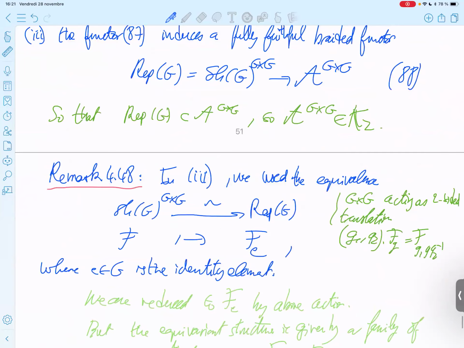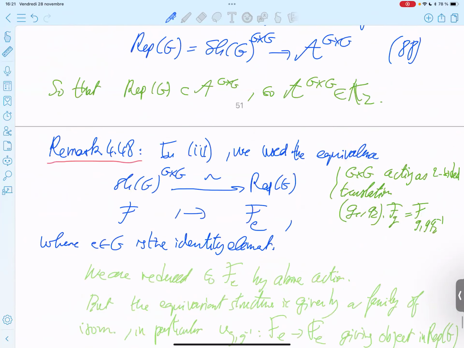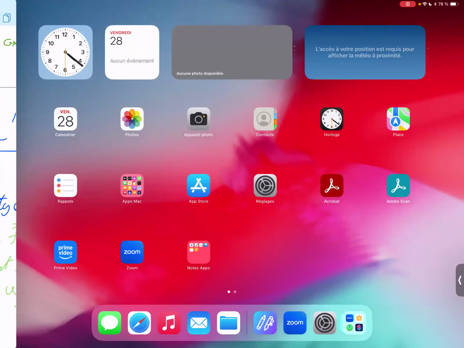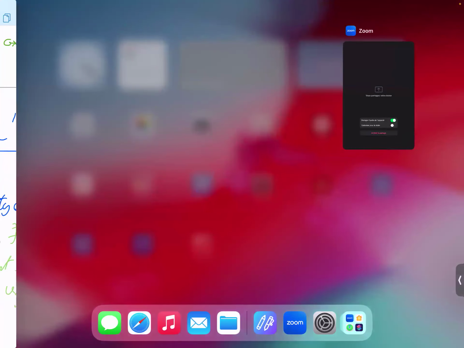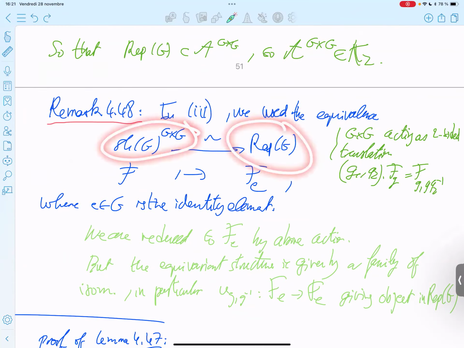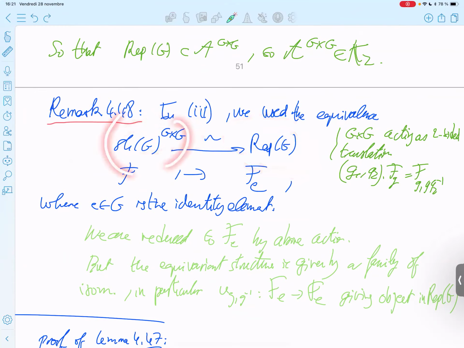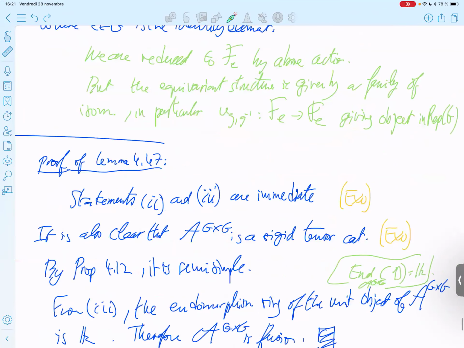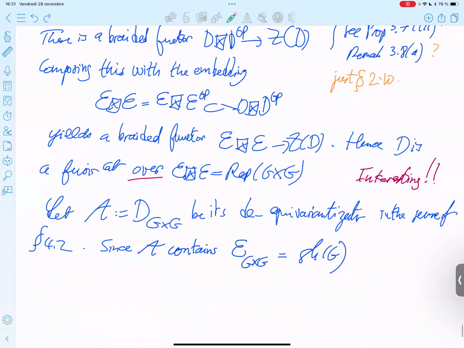So we have that. This one is equivalent to this one. So in particular, if you do that, you can cancel that and you get that is equivalent to that. So this is what was written here.